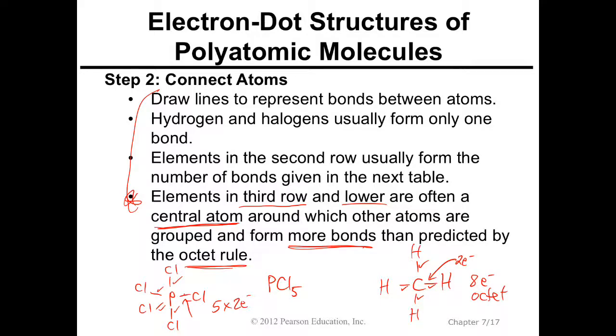So the phosphorus is actually surrounded by 10 electrons. Phosphorus is in the 3rd period or the third row, and so that's totally fine. If you try to do that with nitrogen, it's not going to happen, because nitrogen is in that group that absolutely has to have an octet.